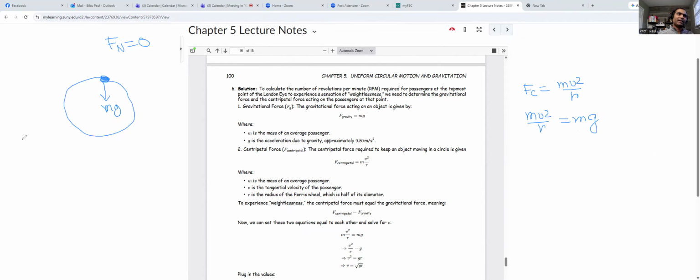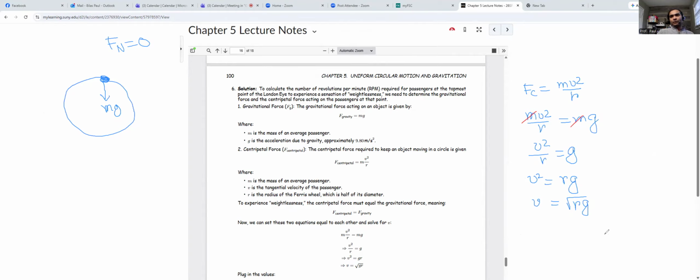Now here you see that m cancels out, right? So this tells us that v square over r equals g, or v square equals r times g, or v equals the square root of r times g, right? Okay.